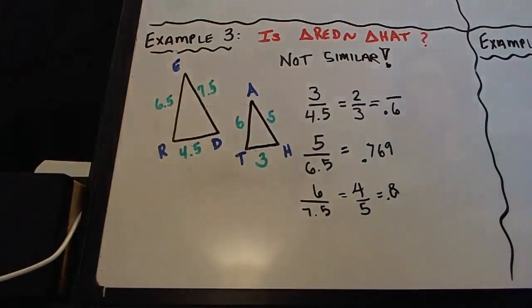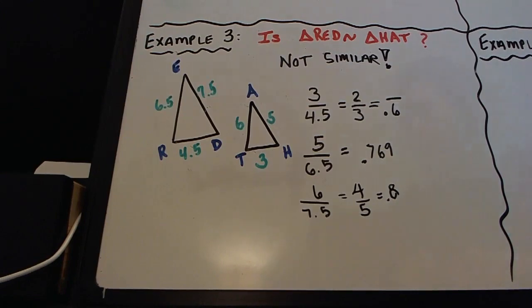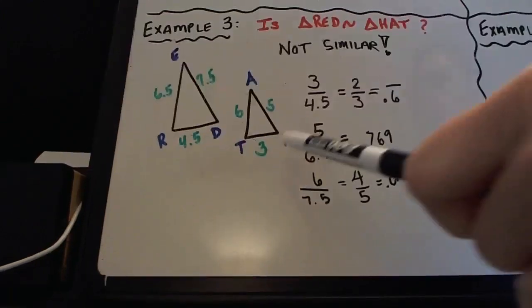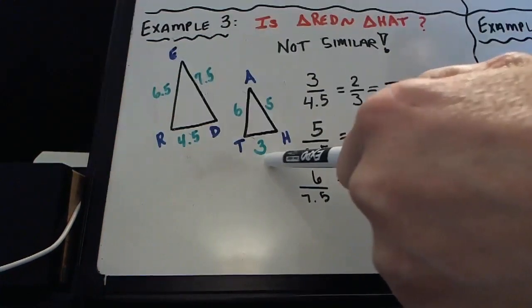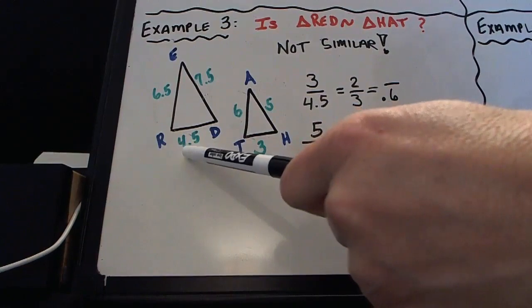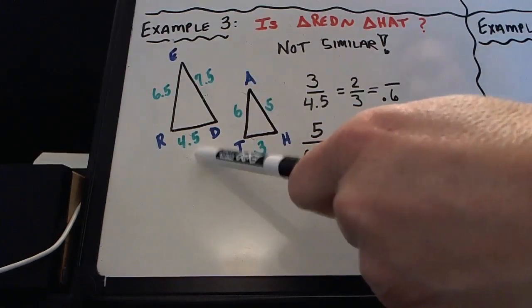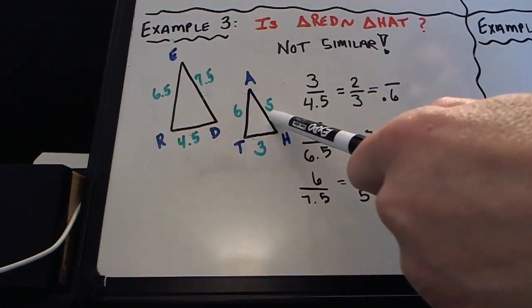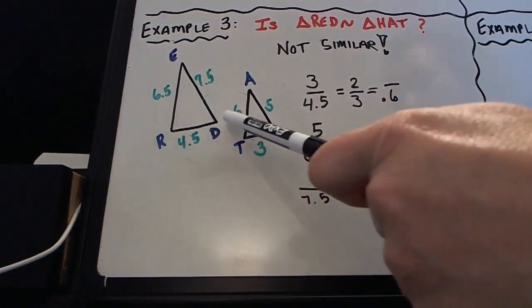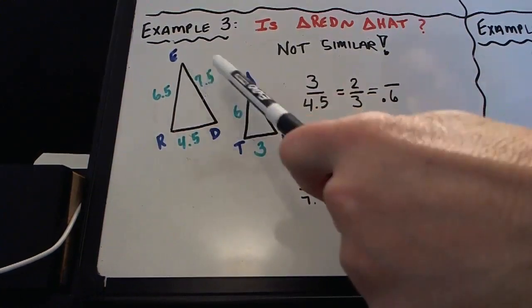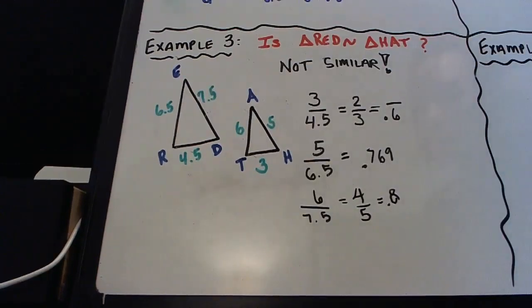All right. Now, the one thing that I did here is I want you to notice that when I wrote down these side lengths, if I take 3 and I add 1.5 to it, it gives me 4.5. If I take 5 and I add 1.5 to it, I get 6.5. If I take 6 and I add 1.5, that gives me 7.5.